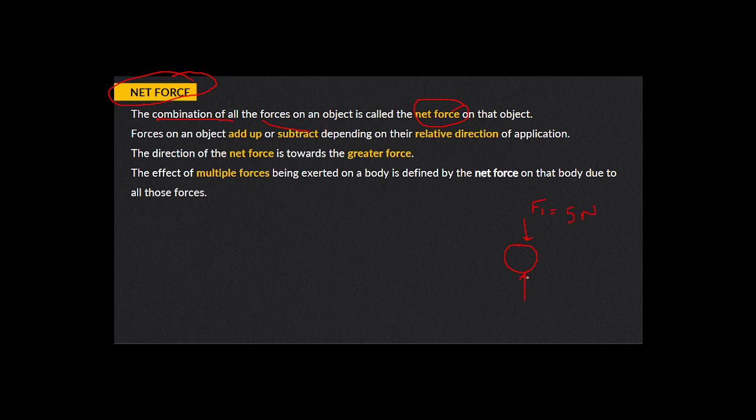The second force is applied from the bottom towards upward direction, 5 Newton. This force is applied towards right, which is 10 Newton. This is applied towards left, which is 10 Newton. Let me name it F3. This is F4 and this is F2. So what is the net force on this object?